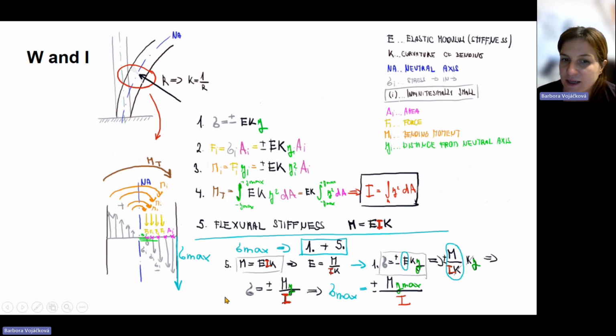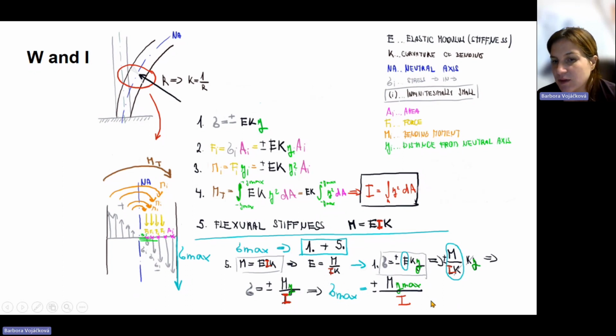You can see that the stress is computed as the bending moment multiplied by the distance from the neutral axis and divided by the moment of inertia.